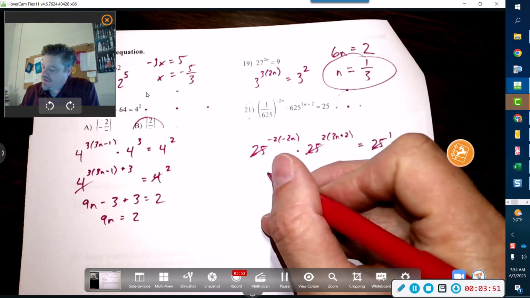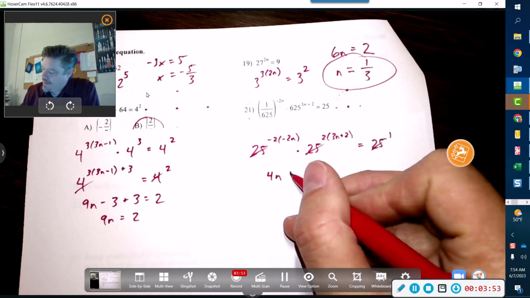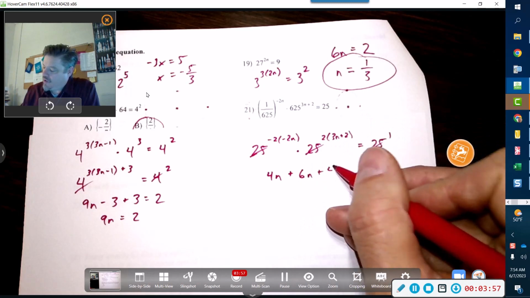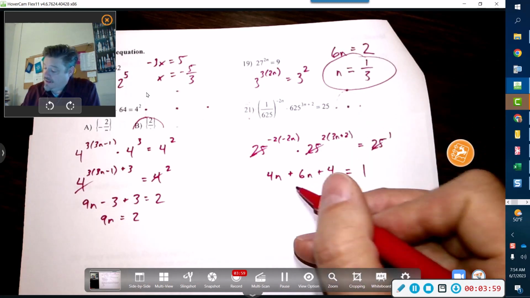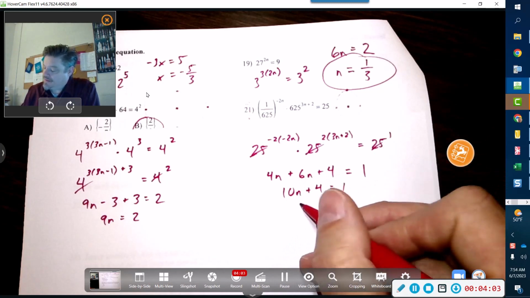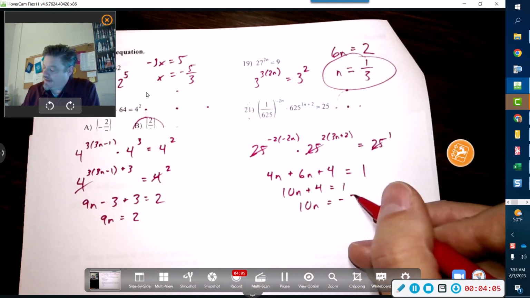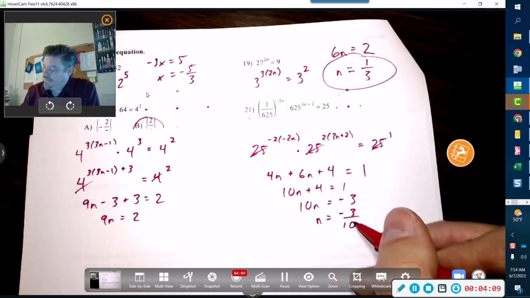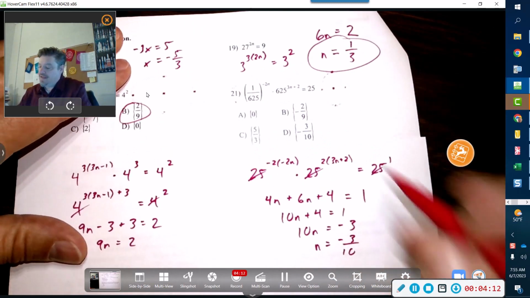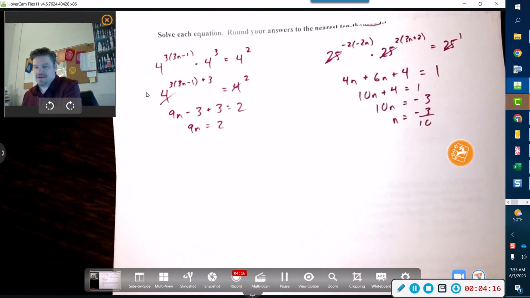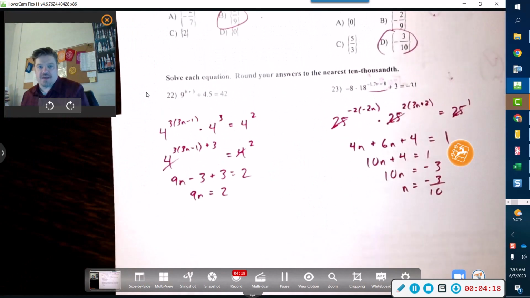So positive 4n plus, and then I'm going to distribute, 6n plus 4 equals 1. So then that's 10n plus 4 equals 1. I'm going to subtract 4 for a negative 3, and then divide by 10 for negative 3 over 10, and that is D.